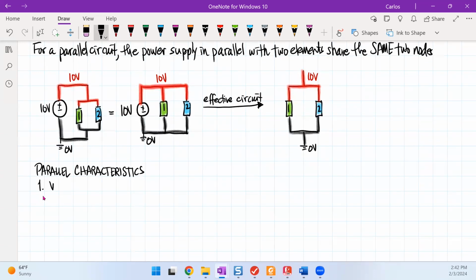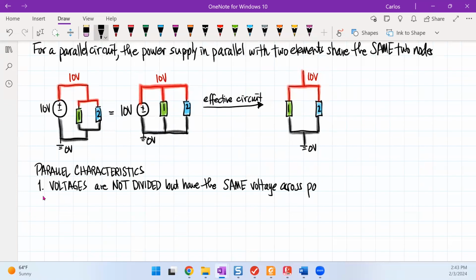One, voltages are not divided, but have the same voltage across parallel elements.